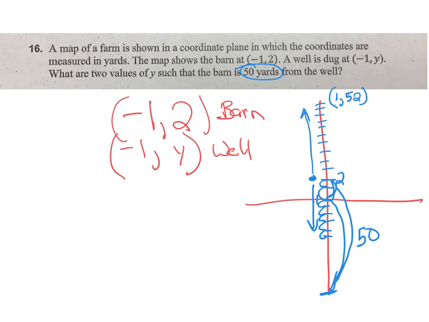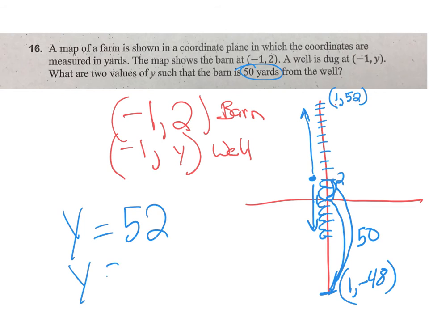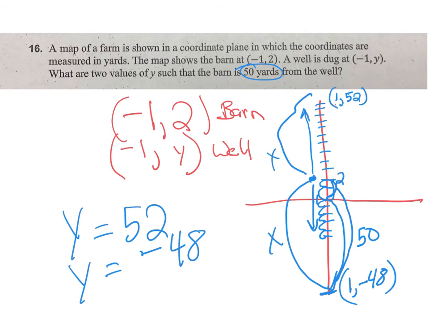So this is going to take it down to (-1, -48). So my two values for y could be y equals 52, that'll be 50 yards away, or y equals -48. So we have 50 yards away here, and we have 50 yards away here.